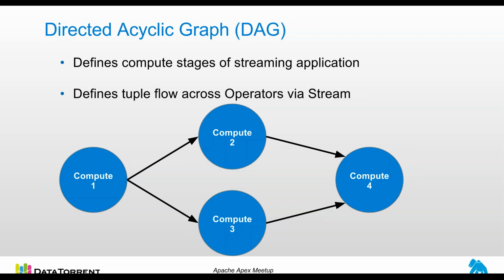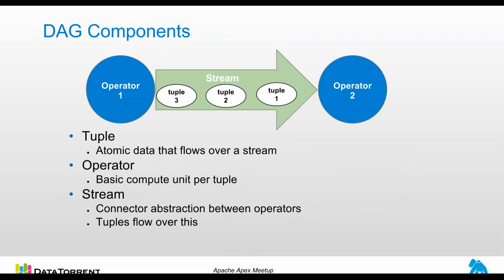Okay. Now going into different DAG components, what do we have. You can see that at the top I have a diagram where there are two operators, I have a stream, and there are various tuples that are flowing along that. To start with, a tuple is atomic data that flows over a stream.